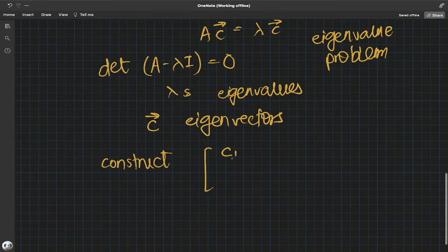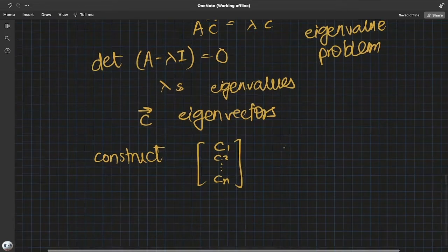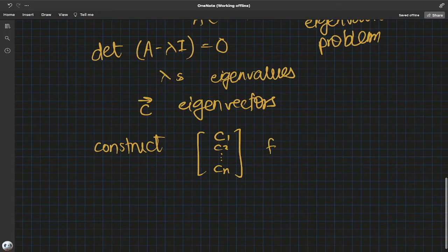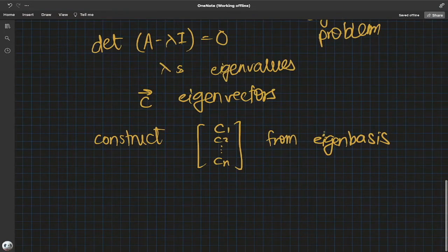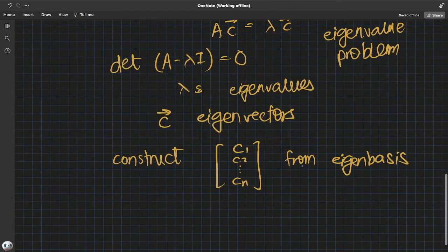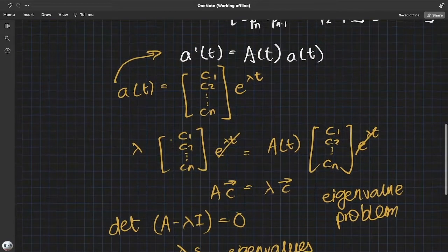You can construct this coefficient vector from the eigenbases, so the bases that the eigenvectors will span, and they will usually span if they're linearly independent.